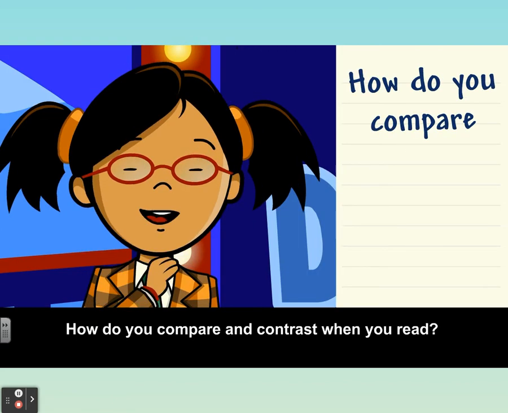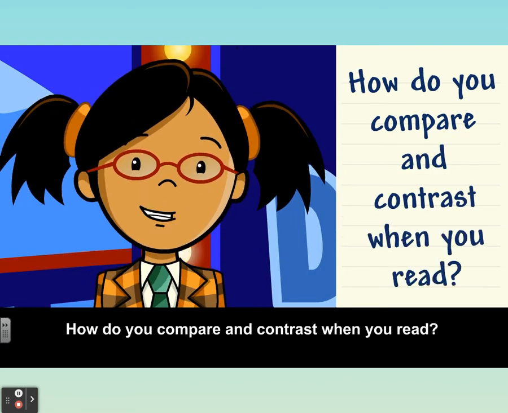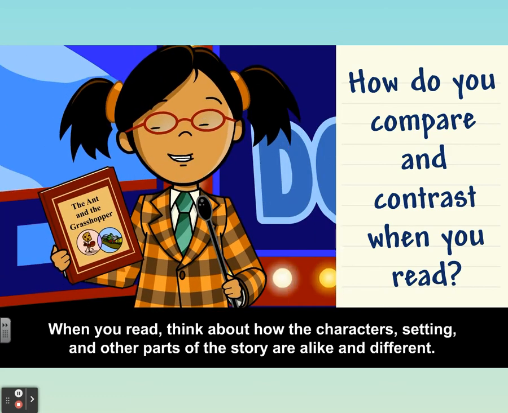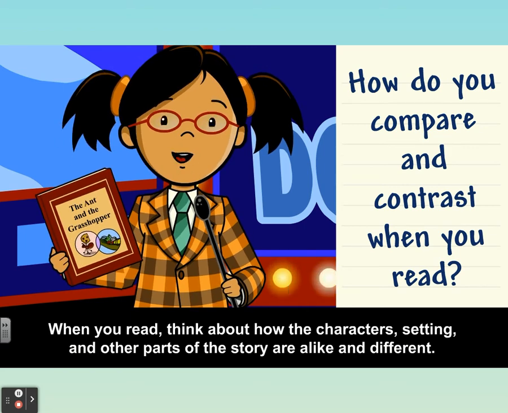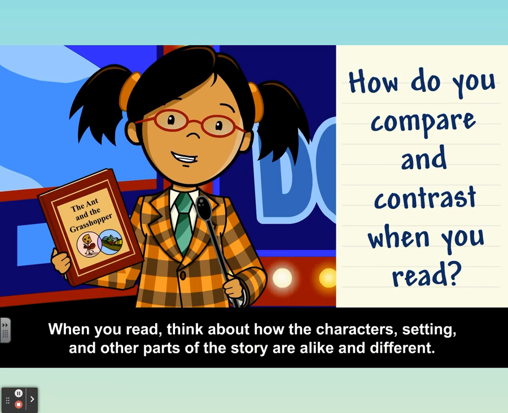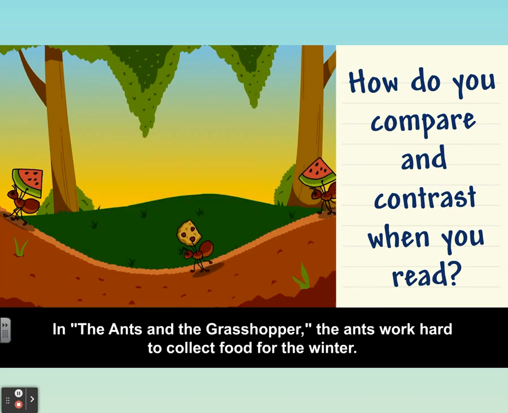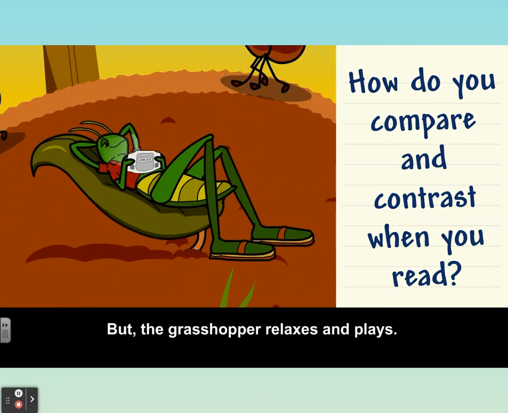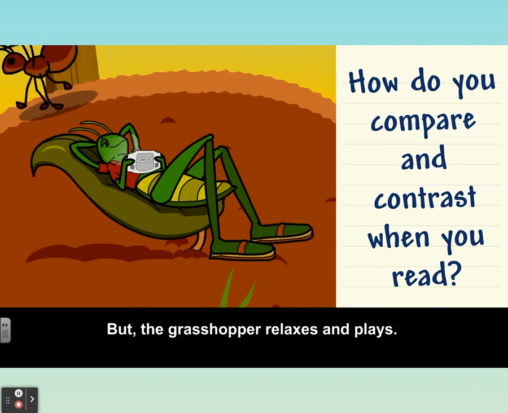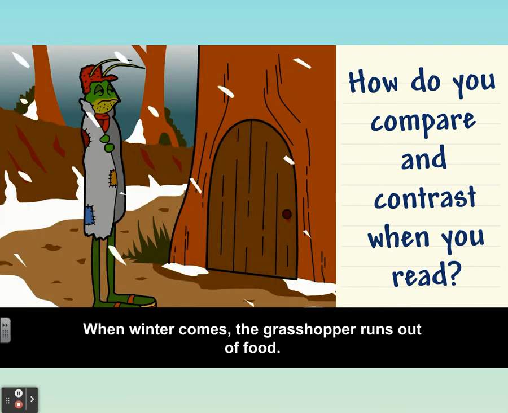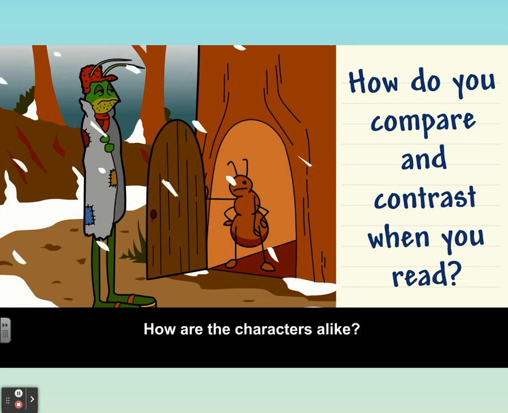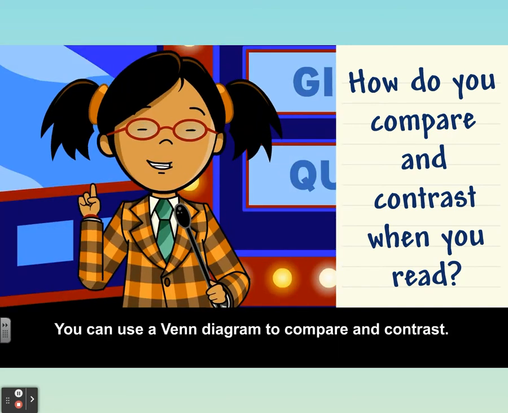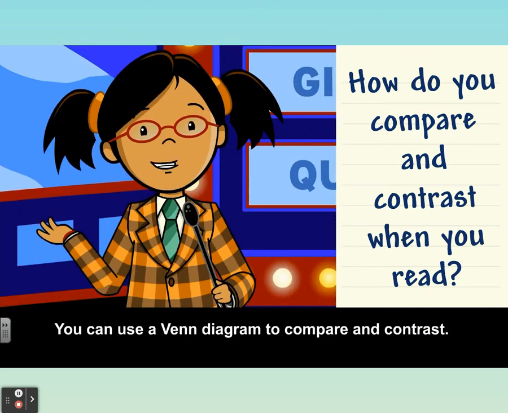How do you compare and contrast when you read? When you read, think about how the characters, setting, and other parts of the story are alike and different. In The Ants and the Grasshopper, the ants work hard to collect food for the winter, but the grasshopper relaxes and plays. When winter comes, the grasshopper runs out of food. How are the characters alike? How are they different? You can use a Venn diagram to compare and contrast.